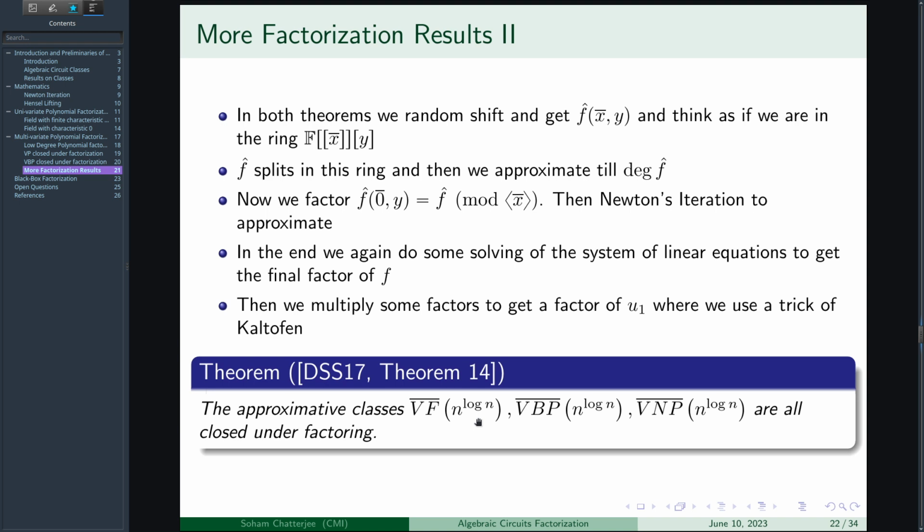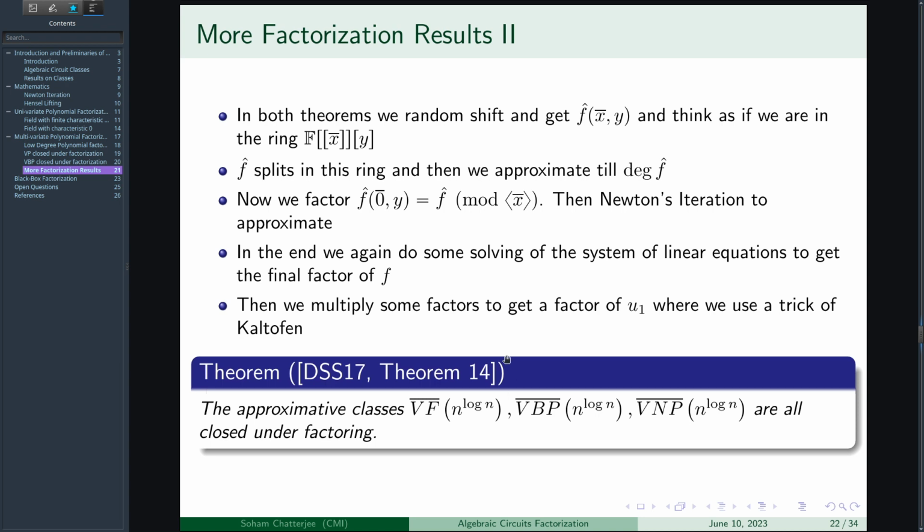Not an infinite series, still a finite degree. But here the problem is you cannot put 0 for epsilon, because in the circuit there may be some edge which uses a rational function of epsilon, and if you put epsilon equal to 0 it becomes meaningless. That's why approximative classes are also very important. And there is a result that VF closure equals VBP closure. It relates VF and VBP in an interlinked way.